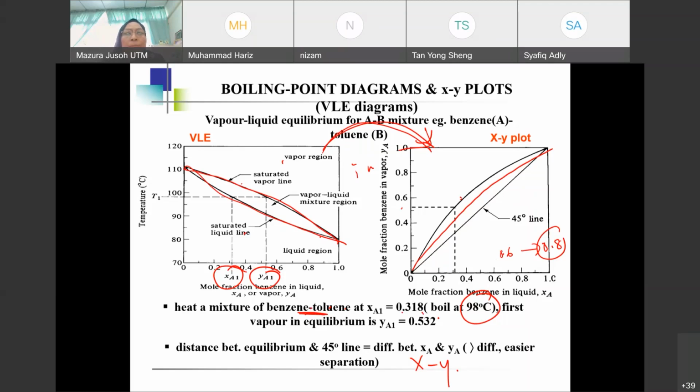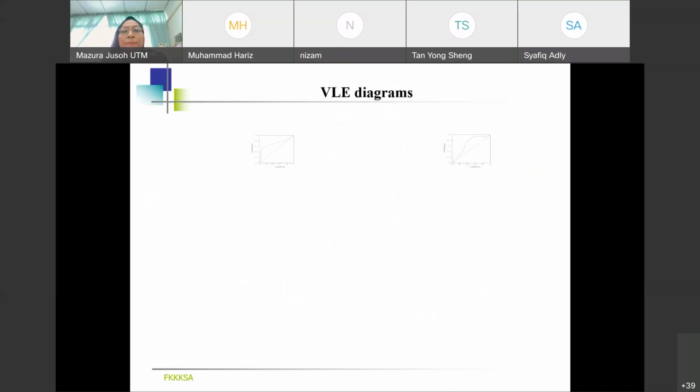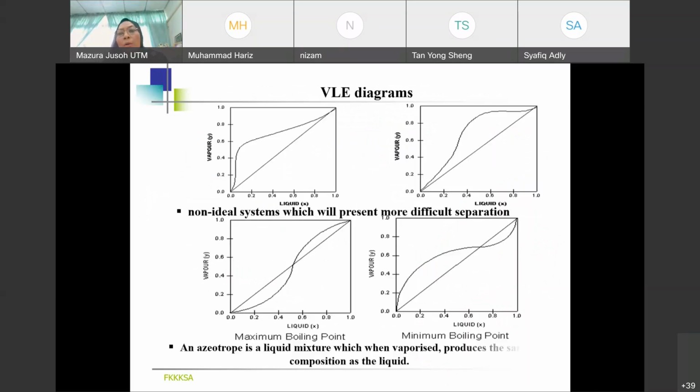And for mixtures in the world, most probably the VLE diagram already exists, as well as the XY plot. Okay, so that is like a normal VLE diagram, but you have some non-ideal systems, which will present more difficult separation.